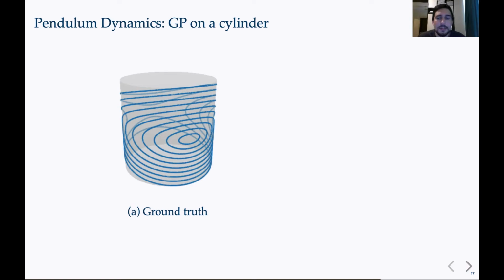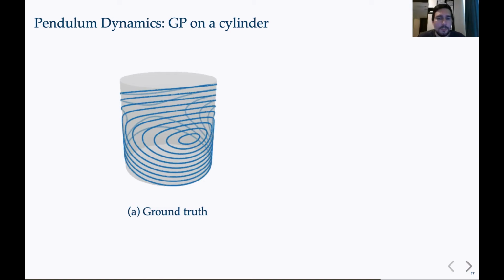The state space of the pendulum is the infinite cylinder, that is the product of a circle and a real line, because the location of the pendulum is fixed to a certain circle, and the momentum is any number on a real line.